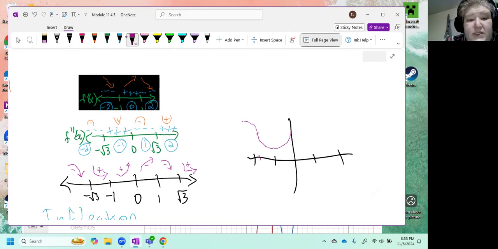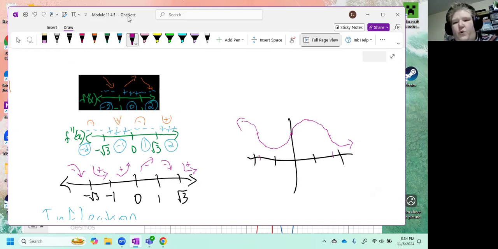And now from 0 to 1, we get that curve. From 1 to around the square root of 3, we get that curve. And then from square root of 3 on, we get that curve. Now the endpoints probably don't actually point like straight left and right. They're probably a little more angled up and down, but that is our overall rough shape of the graph.